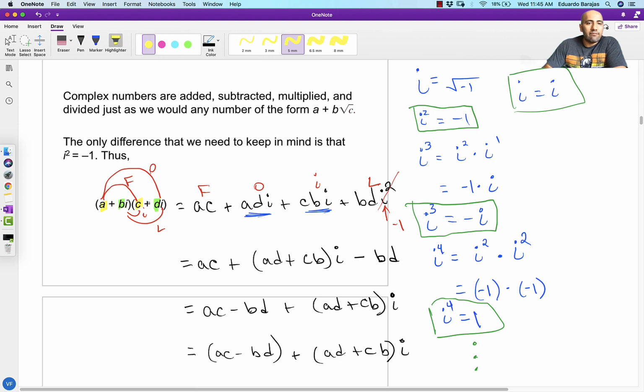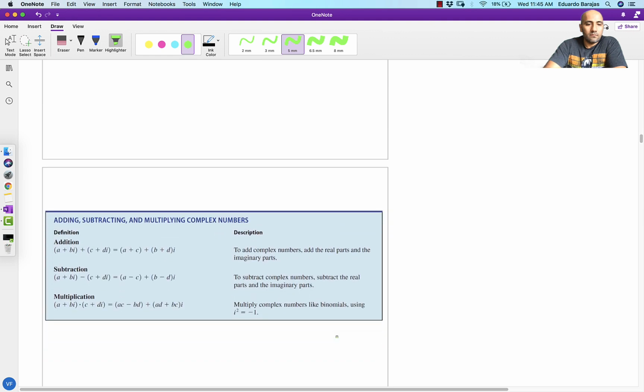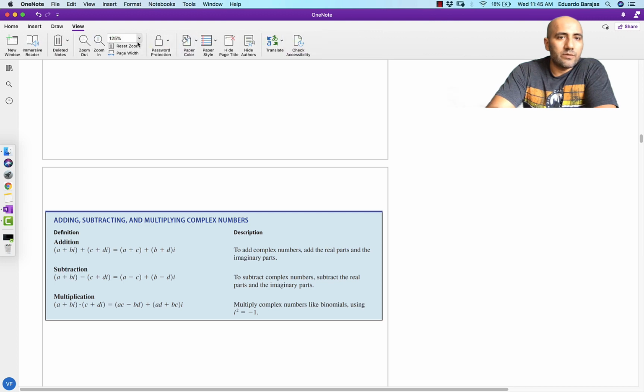Whatever this calculates to is going to be the real part of my complex number, and whatever this calculates to will be the imaginary part. Real part plus imaginary part i. It'll fit the same form of a complex number, and that's captured in this little blue box. Let's zoom in a little more.